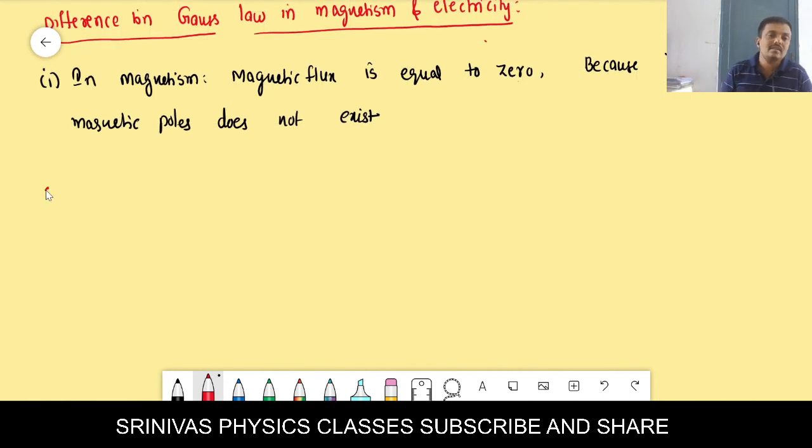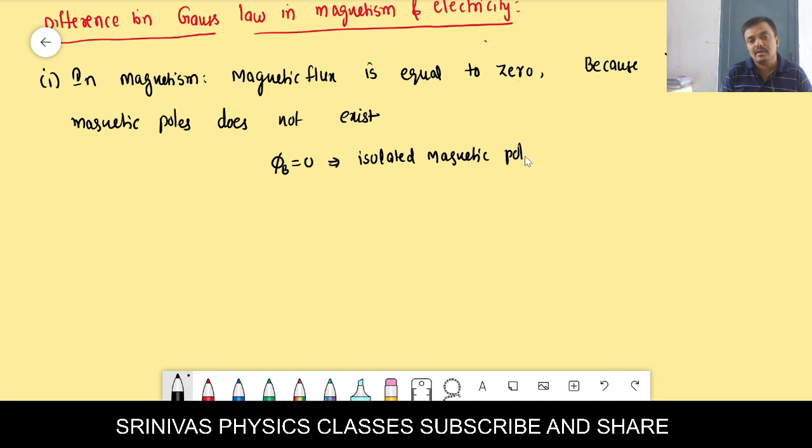If they existed, then it would be possible that flux is not 0. Because magnetic flux is 0, that indicates isolated magnetic poles do not exist.